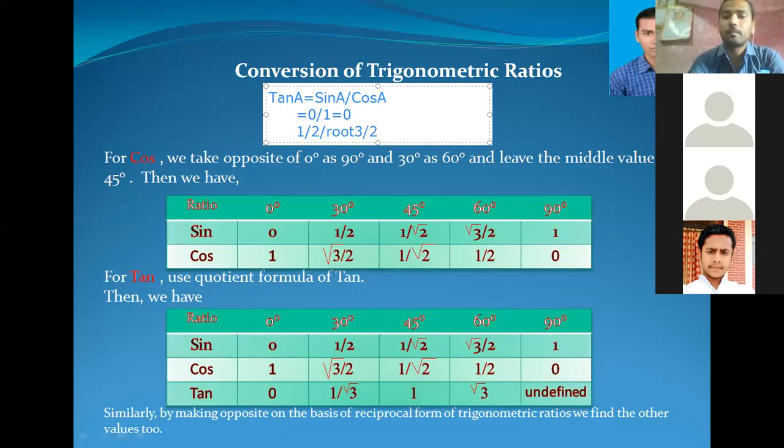So when these numbers are in the form of division, we use multiplication. So 1 by 2 multiplied by 2 by root 3. The 2 and 2 cancel because of numerator and denominator, and we have got 1 by root 3.